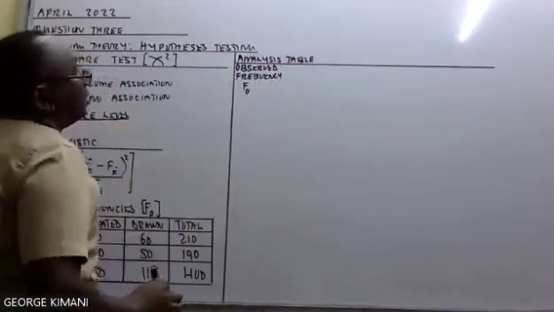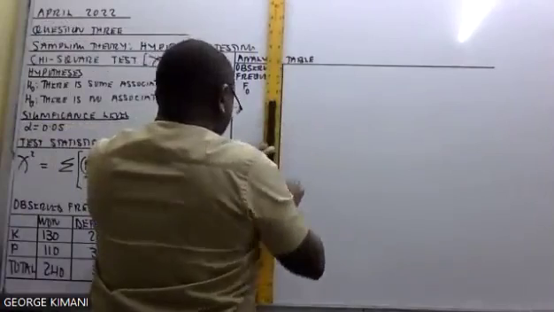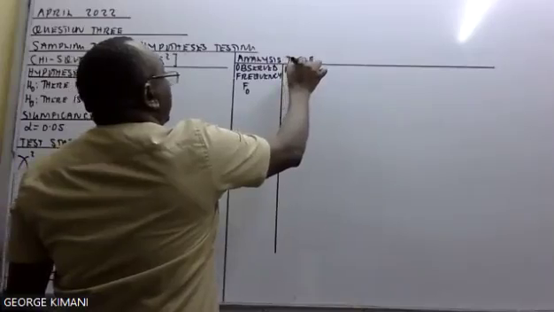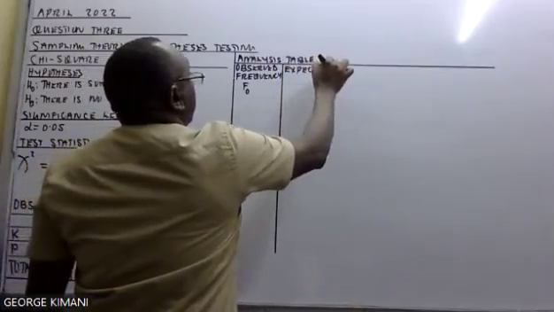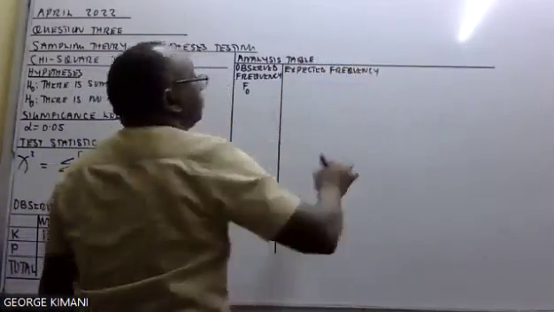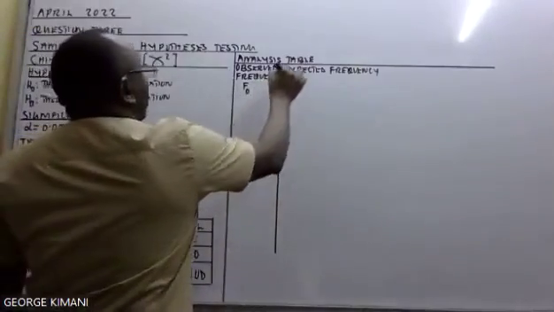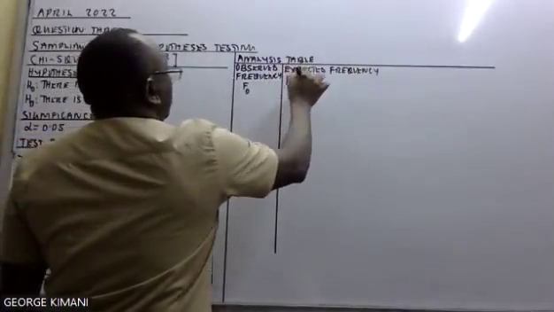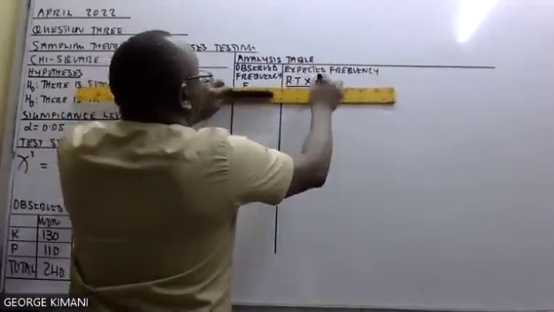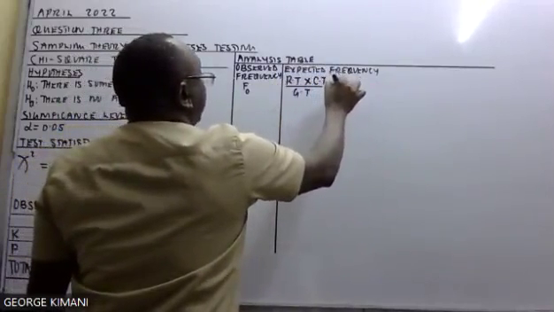This is F naught. This is the share. Then we have expected frequency. And the expected frequency, I told you, is given as row total multiplied by column total, you divide by grand total. That gives you the FE.